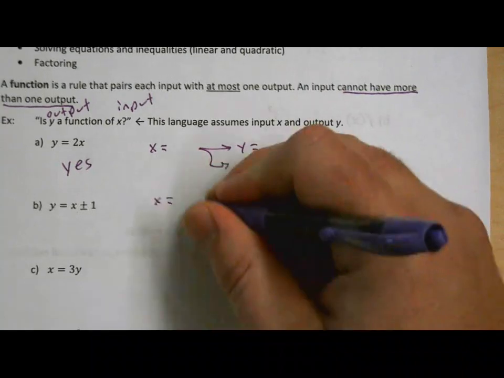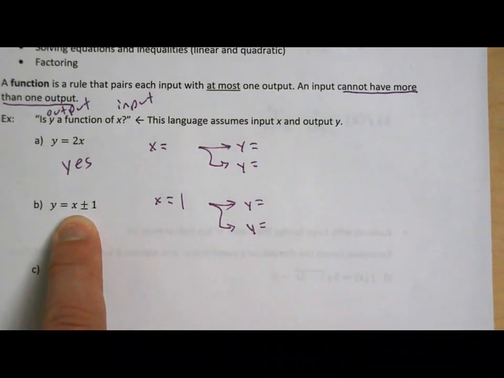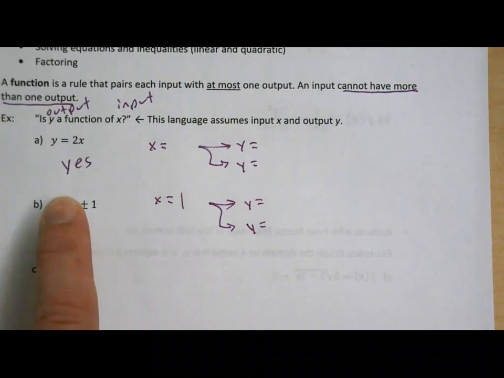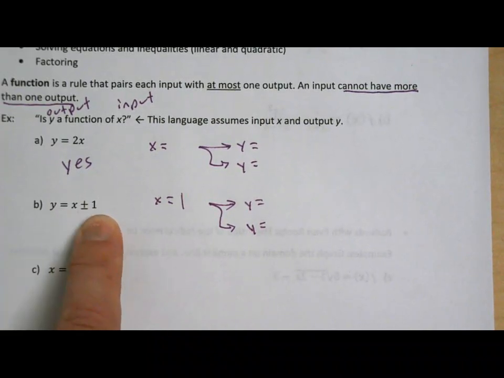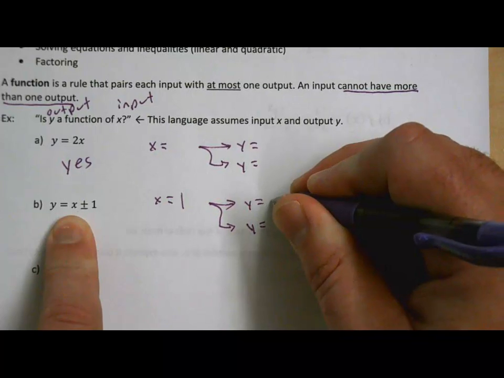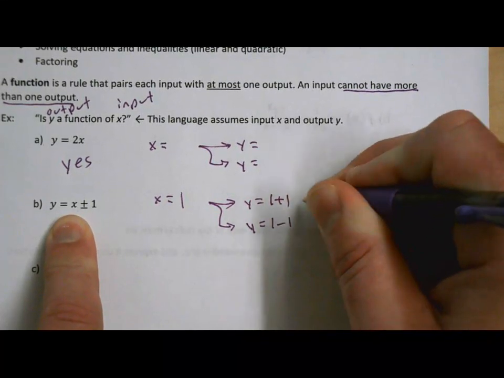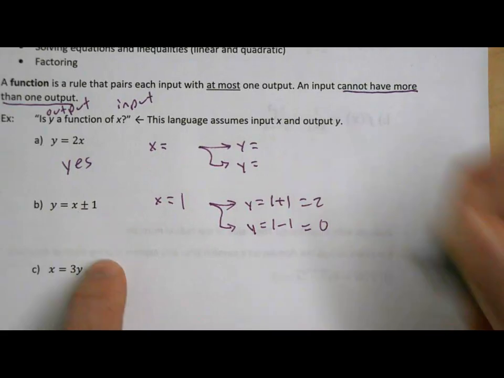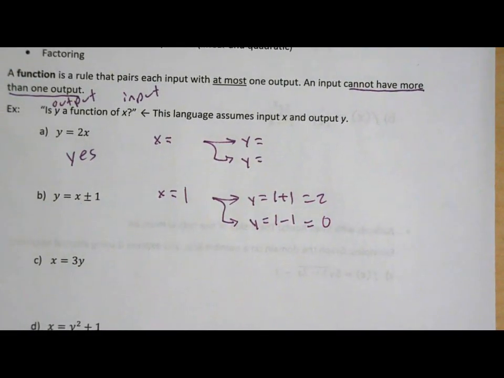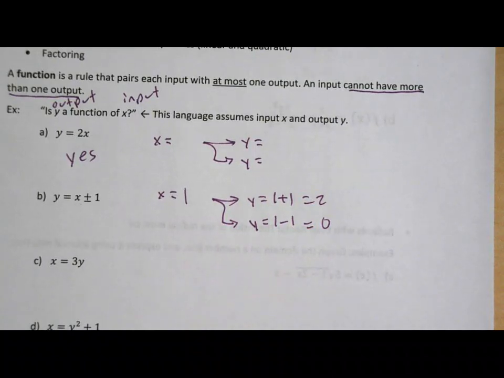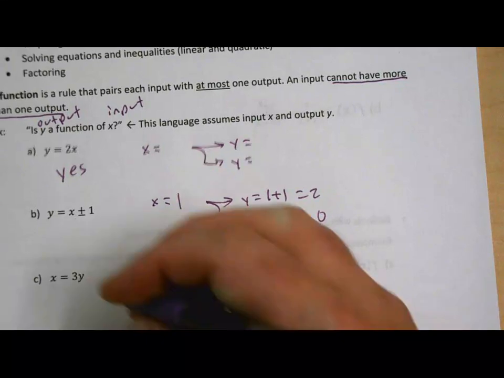If I put 1 in for x, this says that the y value would be 1 plus 1 or 1 minus 1. So y could either equal 2 or 0. So for a single value of x, we have found two resulting values of y. One input gave us two outputs, so no, this is not a function.